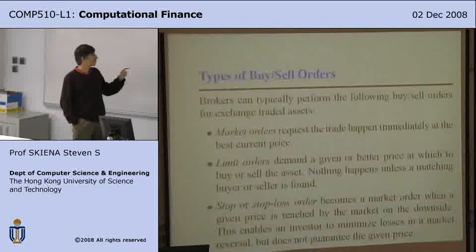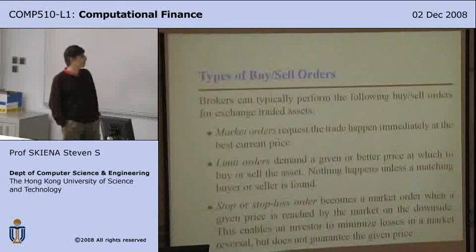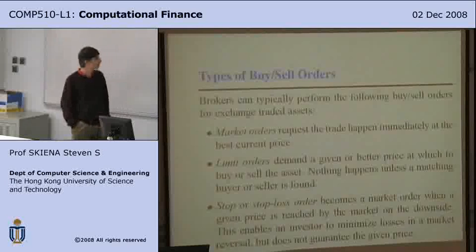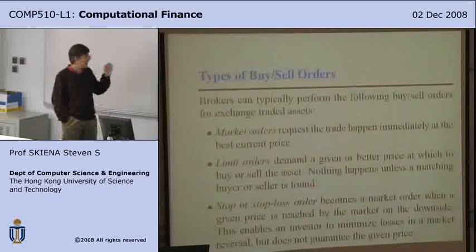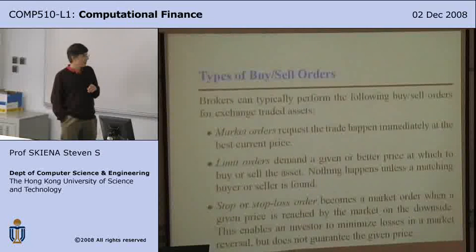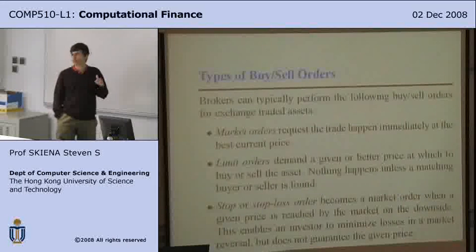There are other variations of this which sometimes turn out to be interesting to execute. One would be what they call a stop order or stop loss order. It says that when the price reaches a particular level, sell it now, even if you can't get the price. Let's say I put in a stop loss order for Microsoft at $12 a share.